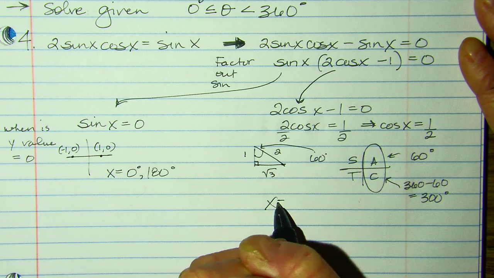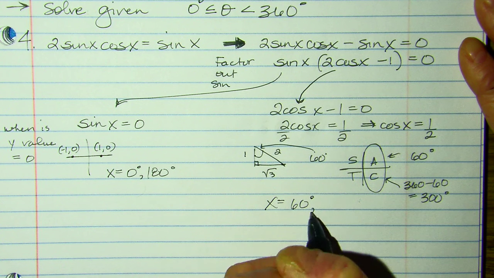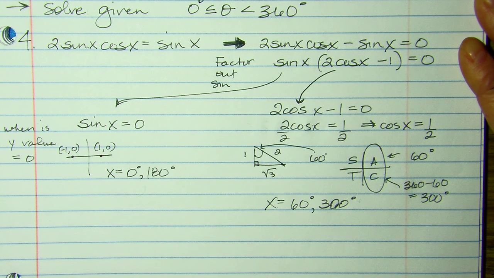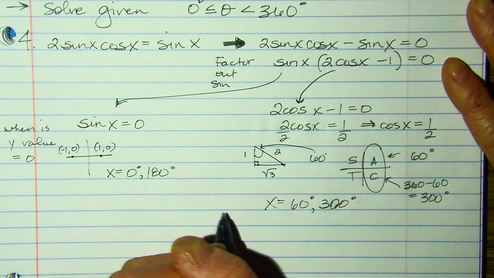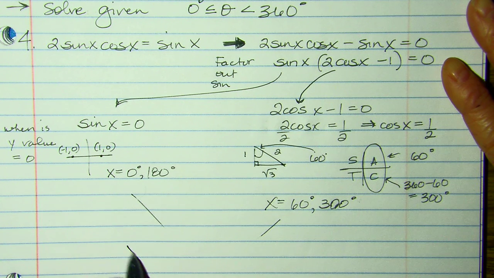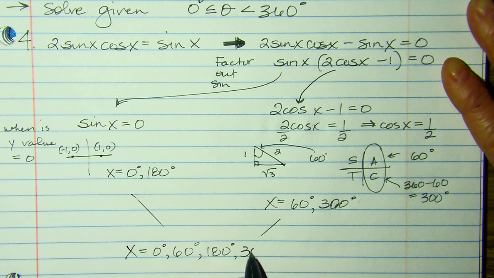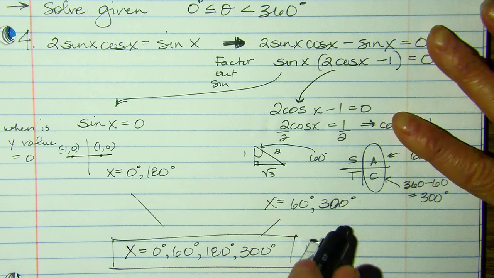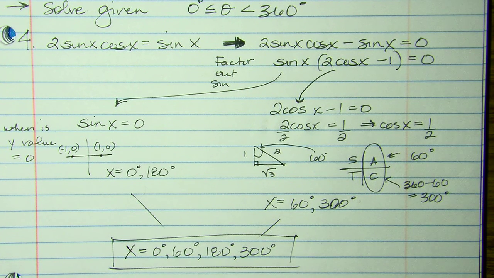So in this case, x equals 60 degrees and 300 degrees. So I'm going to write them together. X equals 0 degrees, 60 degrees, 180 degrees, and 300 degrees. Those are my 4 solutions.